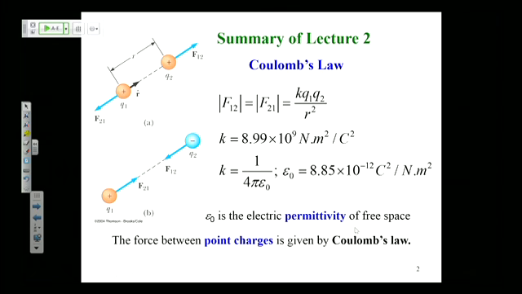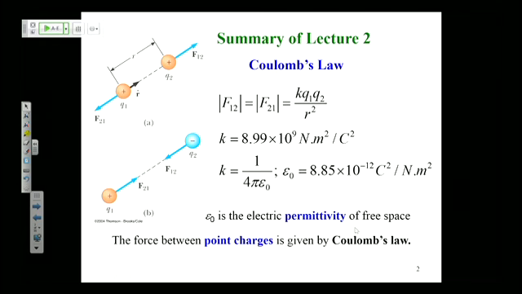This intrinsic property is similar to mass with one difference. Mass is always positive or zero, while charge can be positive, zero, or negative.